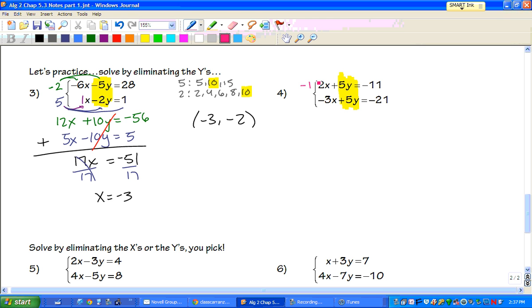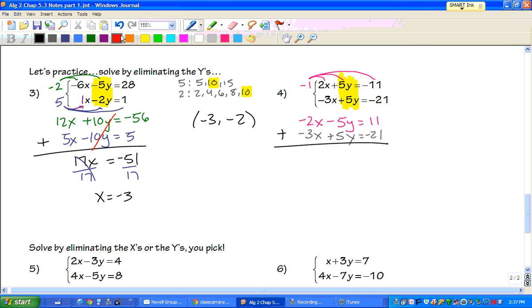And that would be a negative 1. So when you distribute that, you would get negative 2x minus 5y equals positive 11. The bottom one stays the same because we didn't change anything to that.